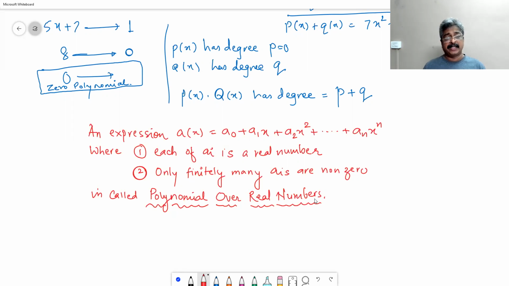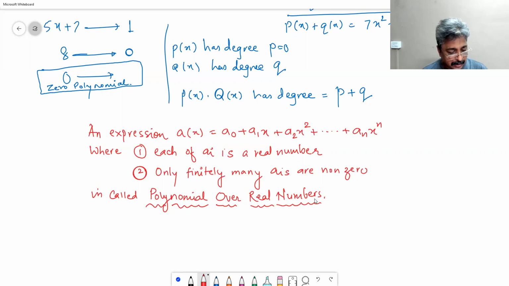If infinitely many a_i are non-zero, it becomes a power series. If finitely many a_i are non-zero, it becomes a polynomial. This is the definition of a polynomial.